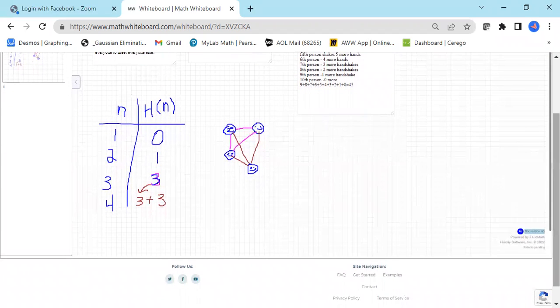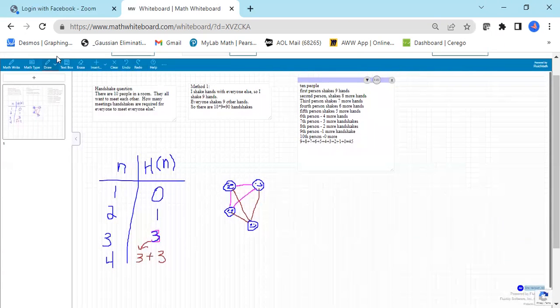All right, let's move on to 5 people. And the idea is to look for a pattern. 5th person, how many more handshakes will we need? We know we've already got 6. I'm just going to write the 6 down here.